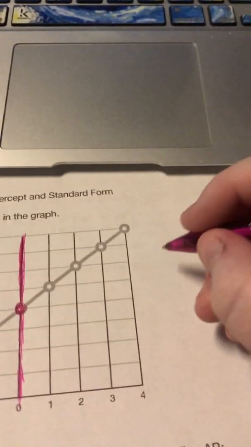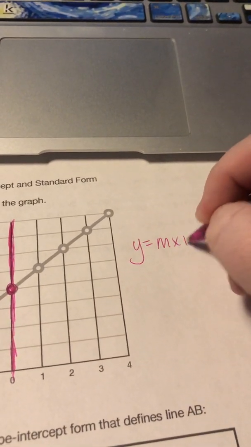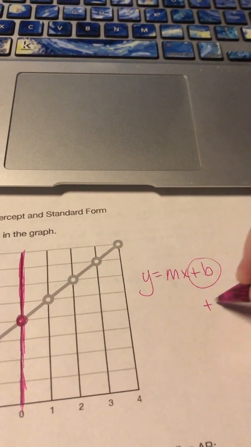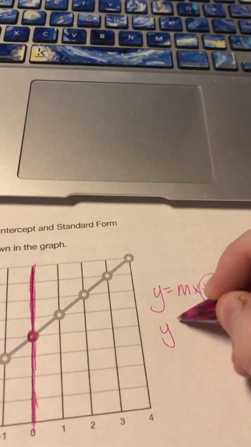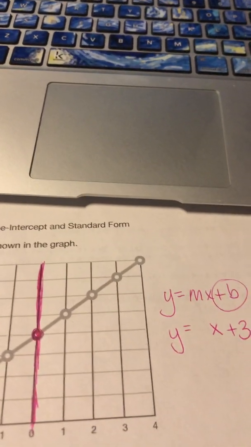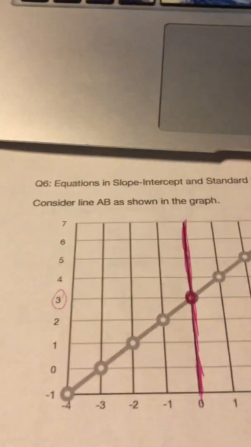So that means in my form y equals mx plus b, the b part of it is going to be +3. So for the rest, I just need to get a slope that'll go in front of my x. To do that, I just need to get 2 perfect points, and I've got a lot of choices here.